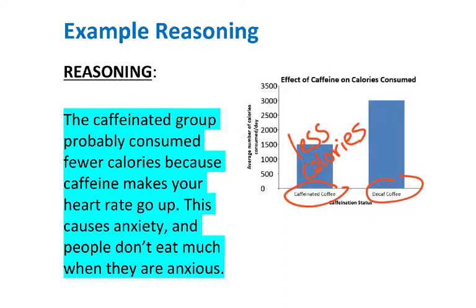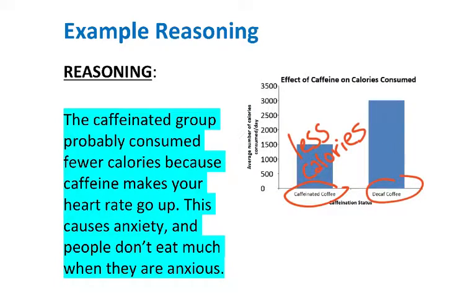I've already given my evidence and I've already made my claim. My claim is that people who drink caffeinated coffee will consume less calories. They don't have as great of an appetite. And my evidence is that the people who drank caffeinated coffee didn't eat as much. They consumed fewer calories. In fact, they consumed about half the number of calories as the decaf group.